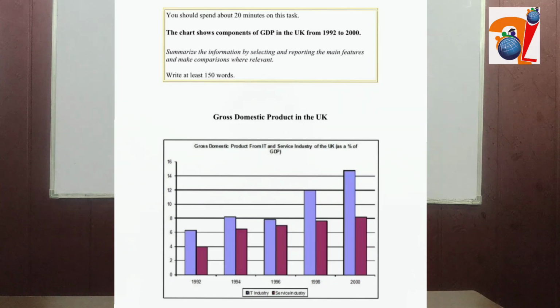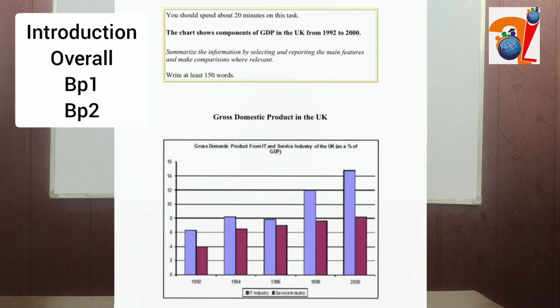As everybody knows, this task is to be written in 4 paragraphs. First is the introduction. In the second paragraph, you have to write your overall or your conclusion here.